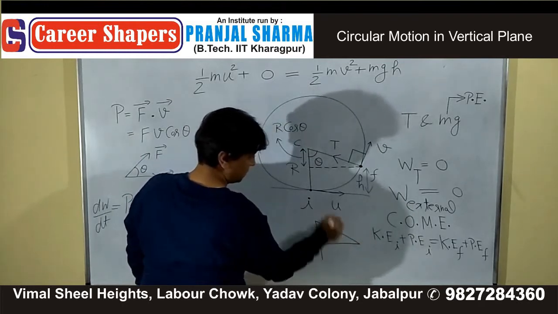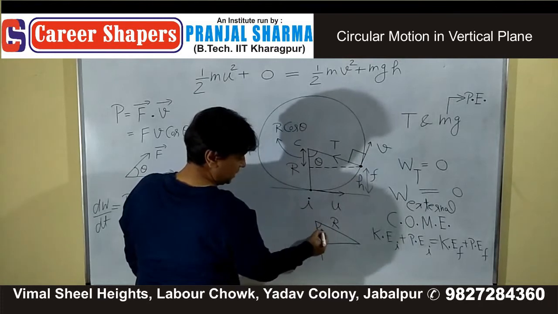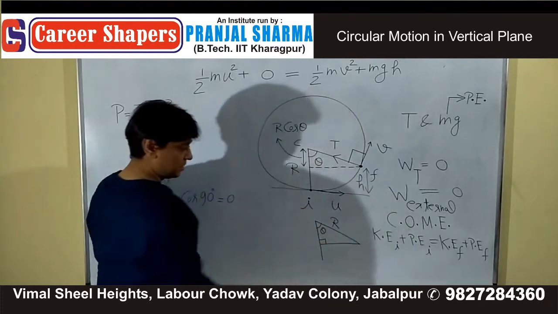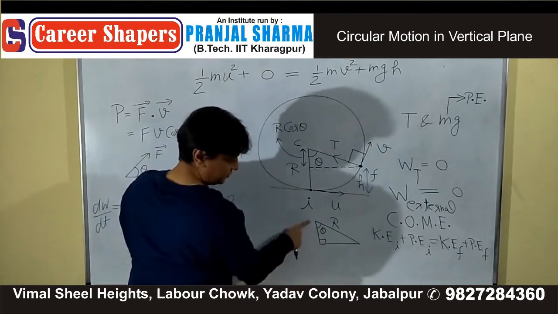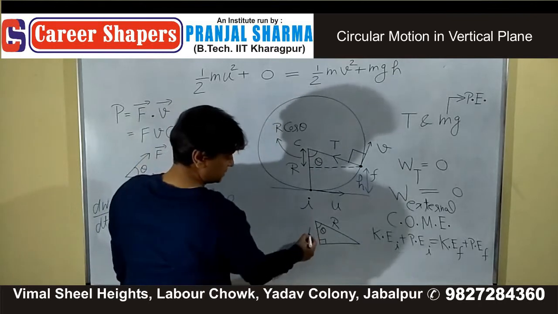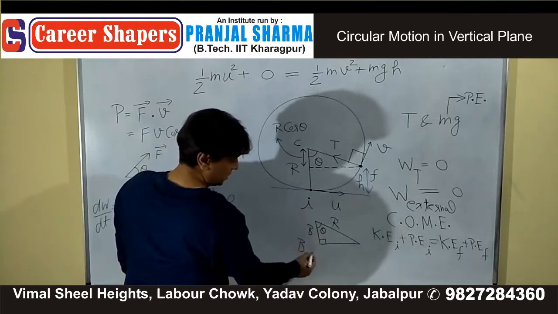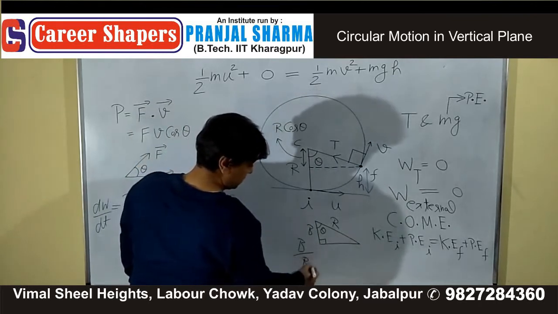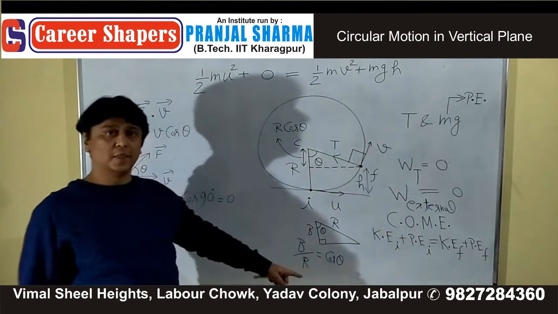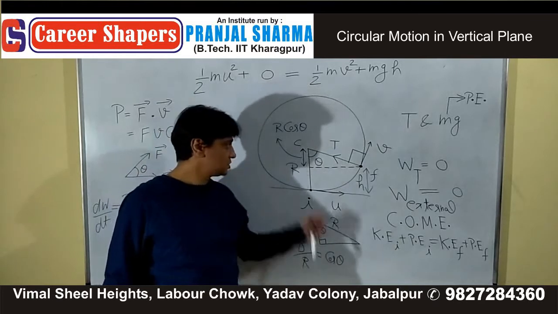This is R. This angle is theta. If you drop a perpendicular on this line, then this much is the base. This base upon hypotenuse, which is R, is what? Cos of theta. That gives you B as R cos theta.